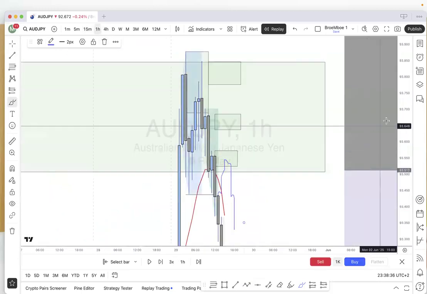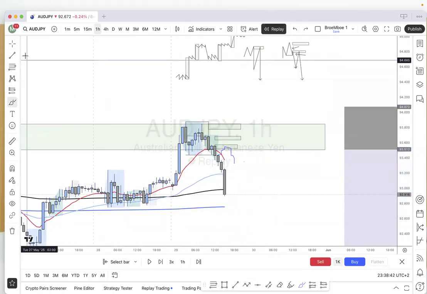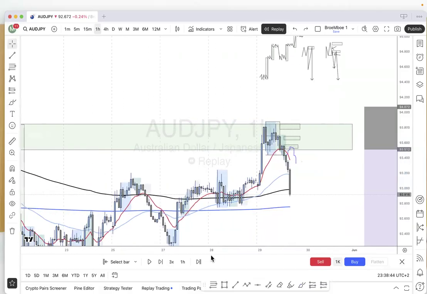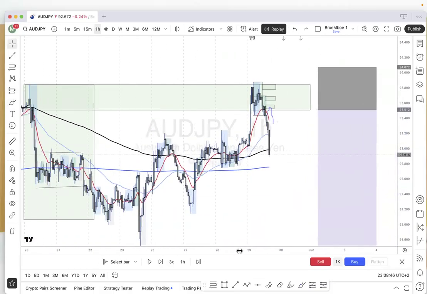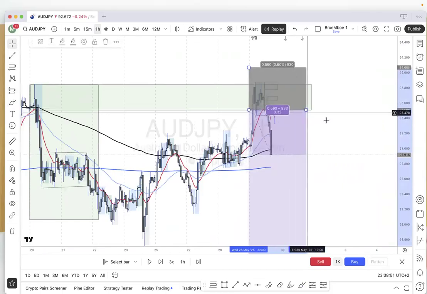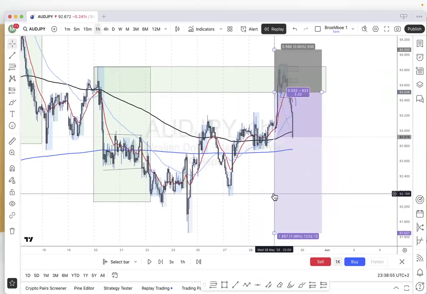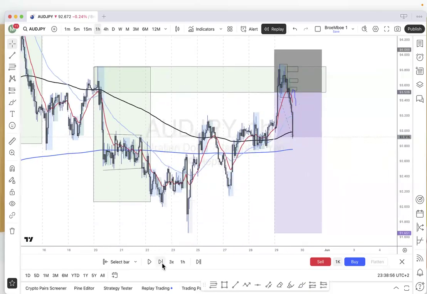So I'll go back to H1, and then we look at our trade. So this is our trade. We're already in profit now, and you can see how steadily this has been moving.